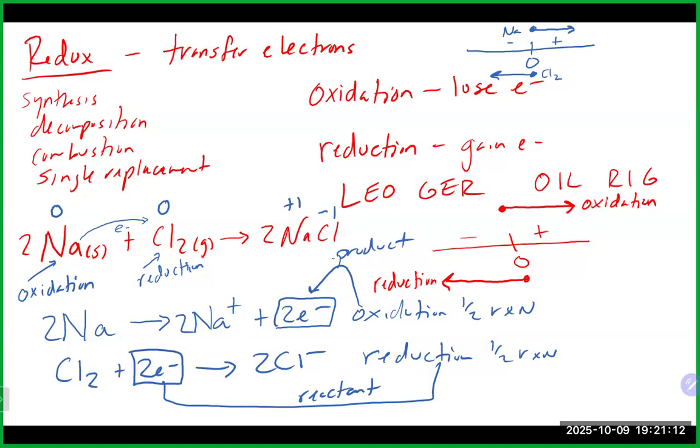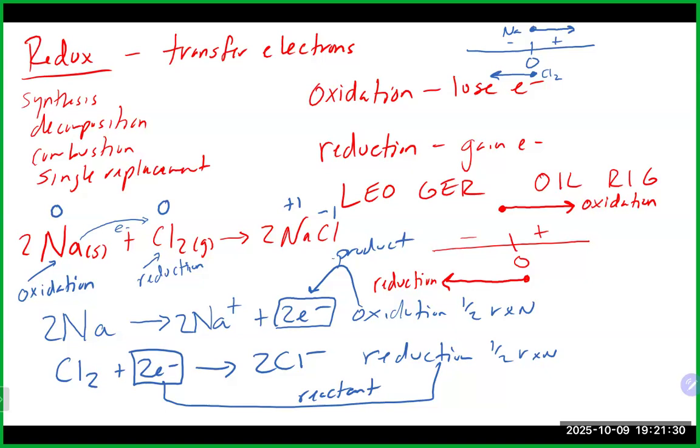By the way, how many electrons is each sodium losing? They're each losing 1 electron, and there's 2 of them, and that's why there are 2 electrons in that top half reaction. Each chlorine here is individually gaining 1 electron, which is why, again, those are 2 electrons.